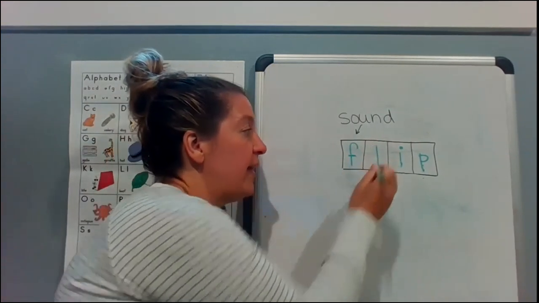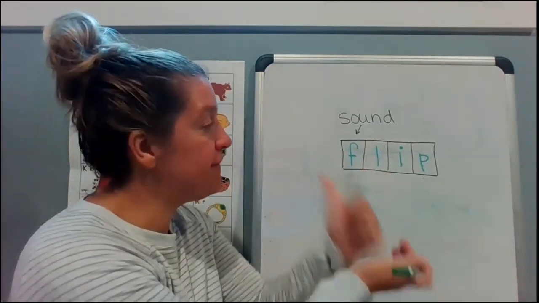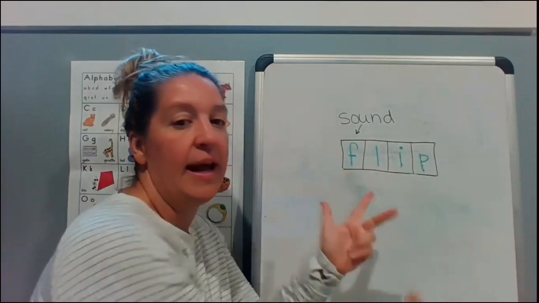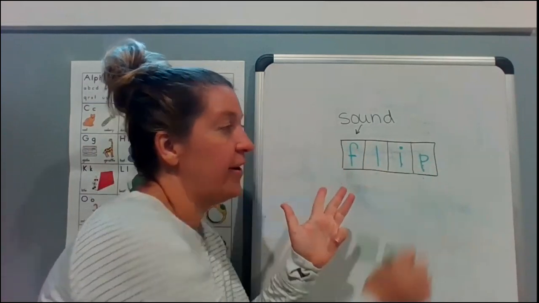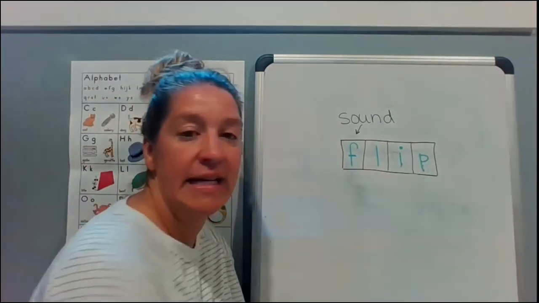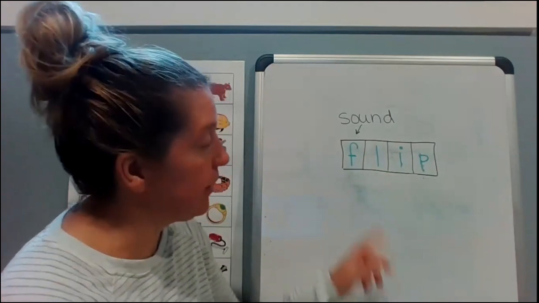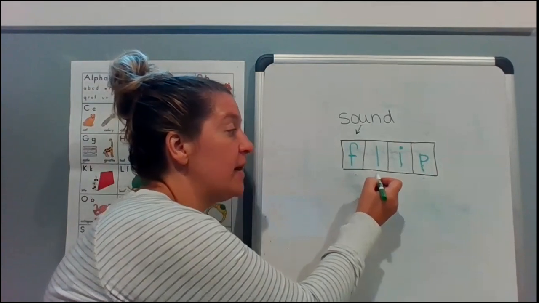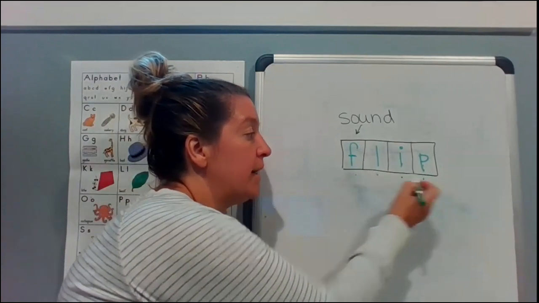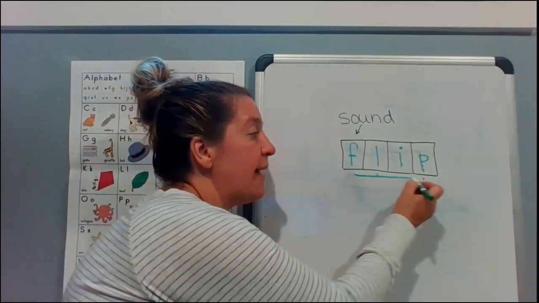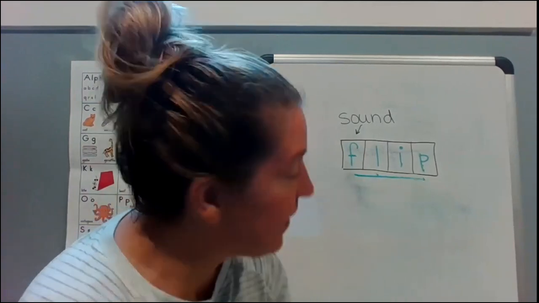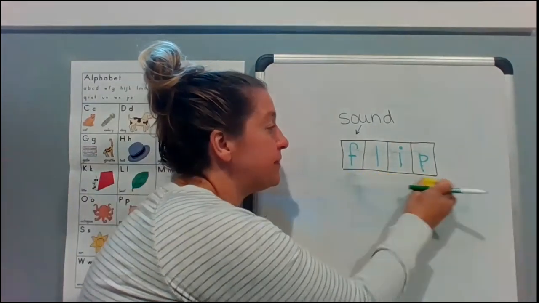The letter I. Flip. I've already got it. So I changed my 2 beginning letters to make a new beginning sound. Let's touch and say our sounds. F, L, I, P. Let's blend it. Flip. Let's say it like a word. Flip. Good job.